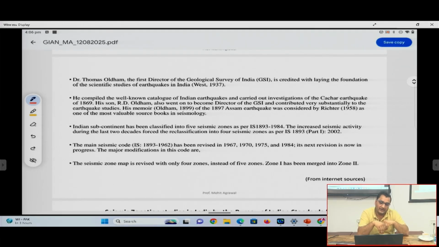Thereafter, following his legacy, his son R.D. Oldham also went on to become the director of GSI and contributed very significantly to earthquake studies. He also wrote a memoir of the 1897 Assam earthquake, which was considered by Richter as one of the most valuable source books in seismology.